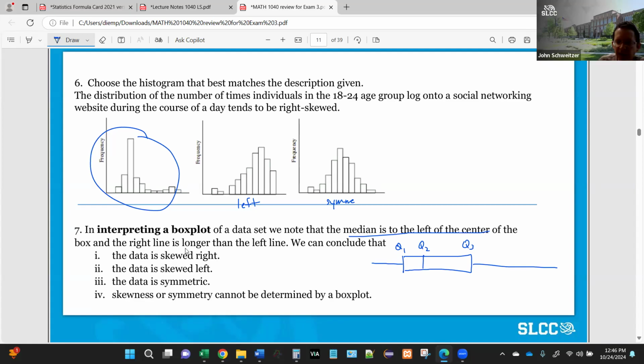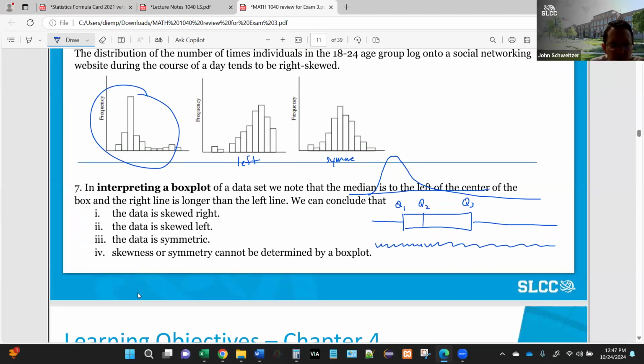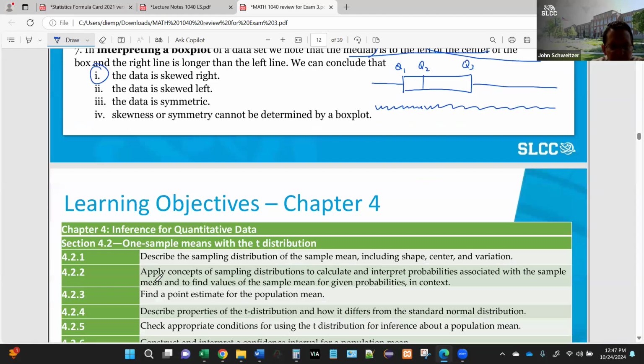This means that half of the data is spread out here, and the other half is spread out over that longer distance. So it's denser around the left side. If it's denser, the peak will be taller, and over here it's less dense, so the peak will be shorter. So what am I getting at? This would be a right skewed data set.